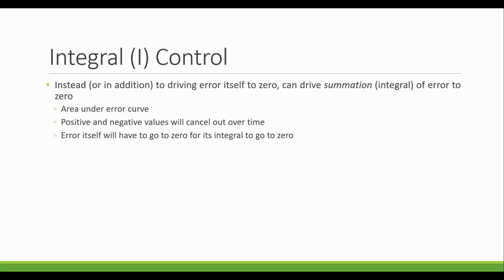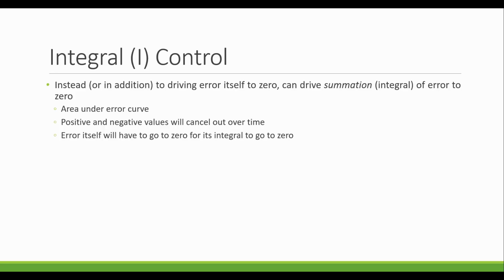Again, I'll caution this will not work for every system either, but it's something we can try, and mathematically we can show, before we try to implement it, whether it is going to work or not to achieve everything that we want. So for the integral control, instead of simply taking the error, the difference between the reference signal and our actual signal, we're going to integrate our error, or sum our error over time.